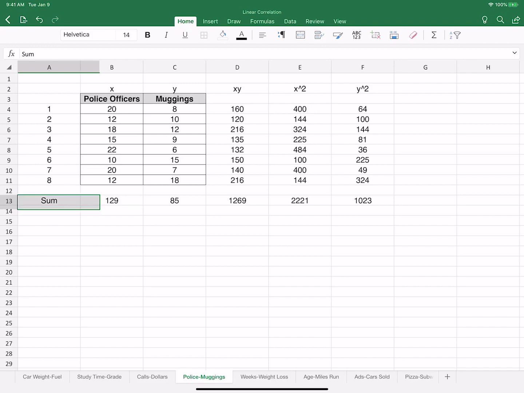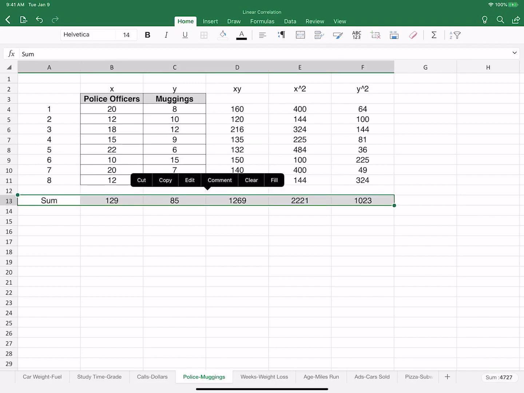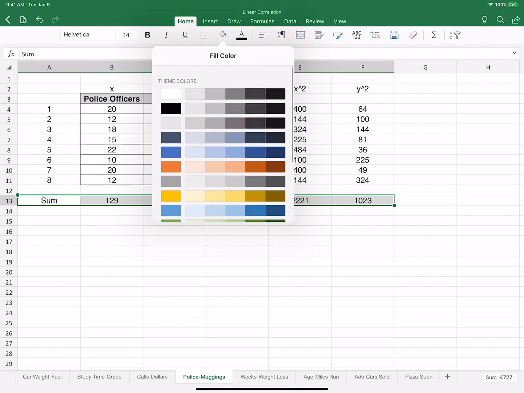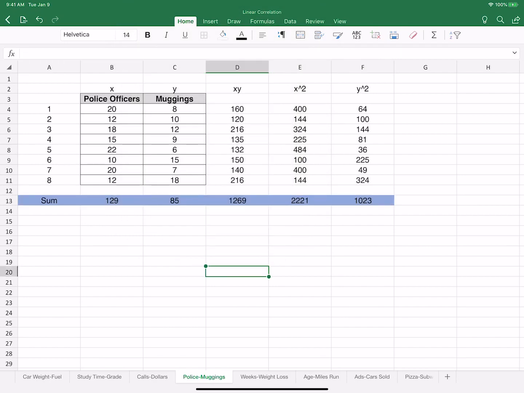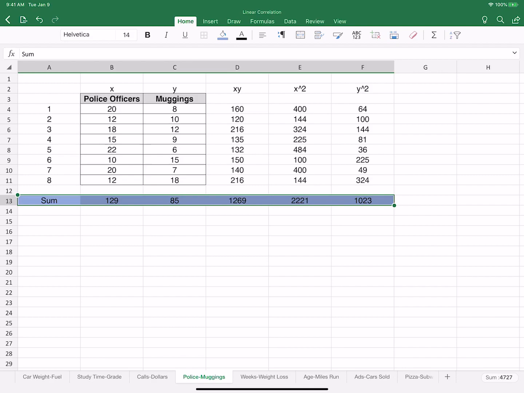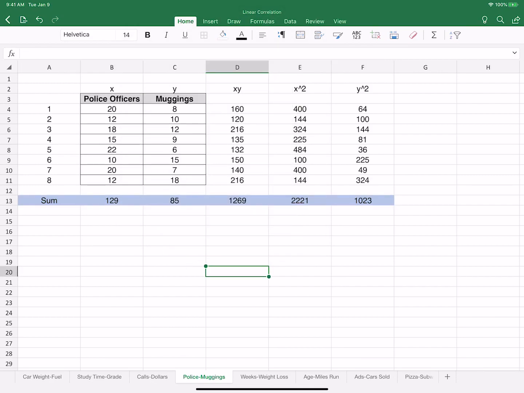Remember, the whole idea here is for you guys to do what? Is that too dark where you guys can't see that? Should we lighten that up? Okay, I want you guys to get these values here. I want you to notate that n is 8.